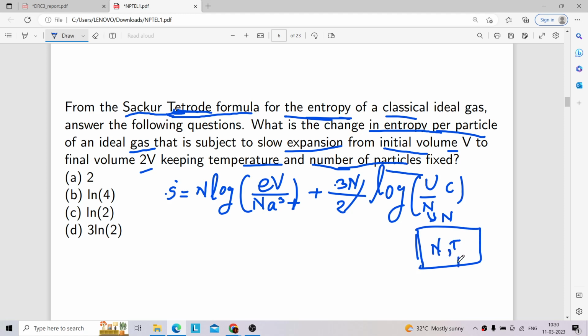That means the energy per particle, U over N, is also fixed. So all these terms are now constants. What is the variable here? Only the volume. We will vary it from V to 2V.